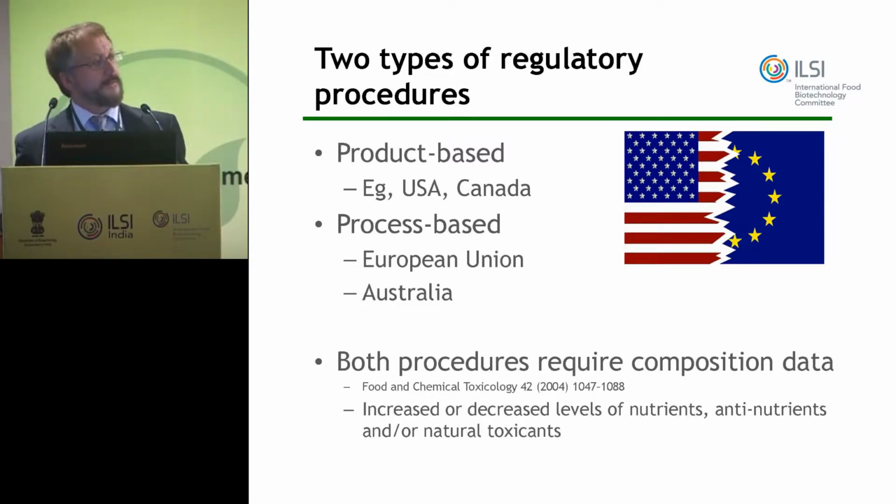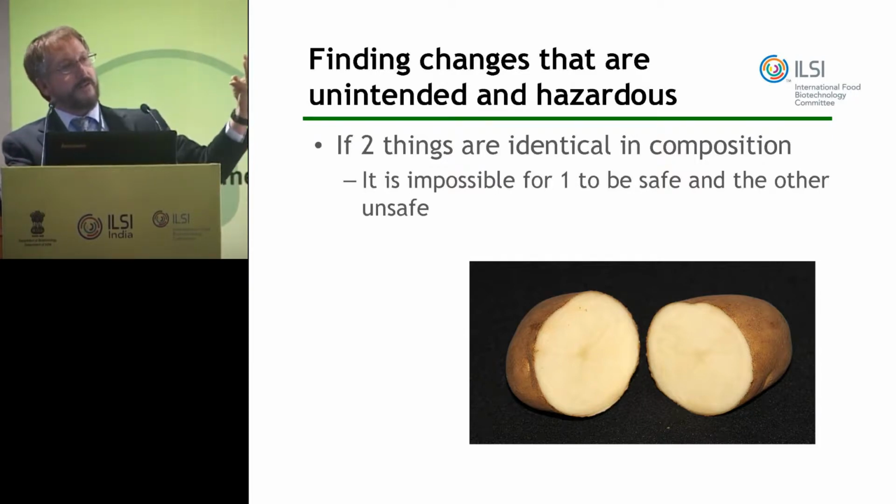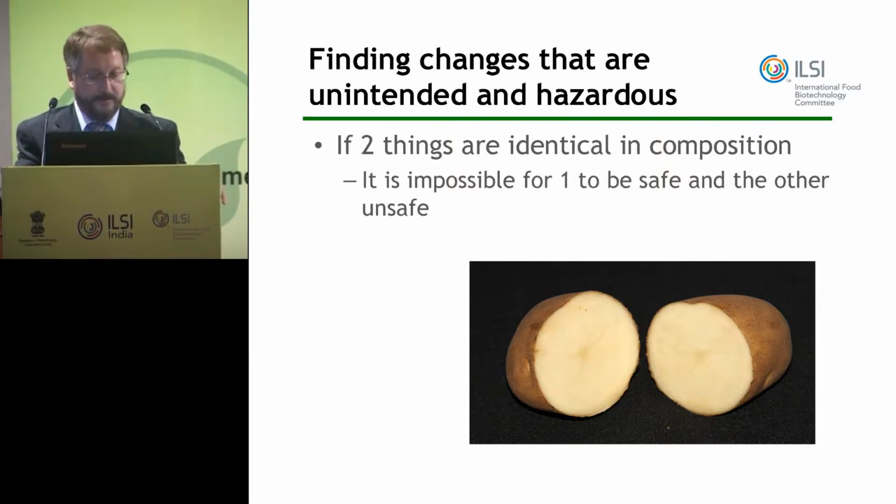But as different as these two are, they both require composition data, where we look for increased or decreased levels of nutrients, anti-nutrients, things that we know about, and natural toxicants, plus composition in general that might indicate another change has taken place. The premise is as follows. Remember, we're looking for unintended changes that could be hazardous.